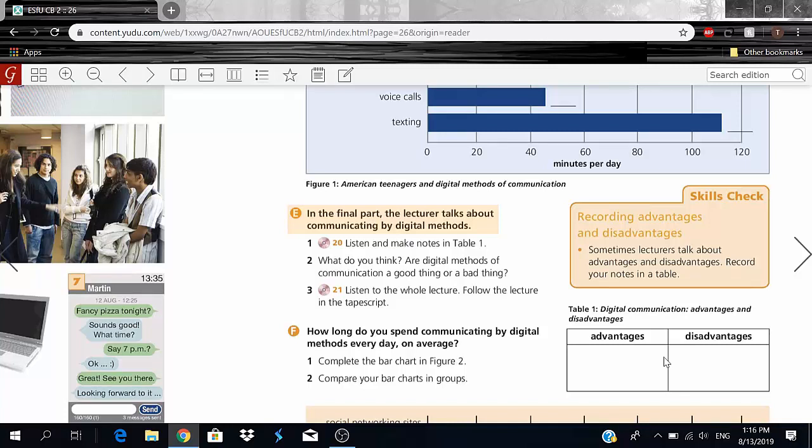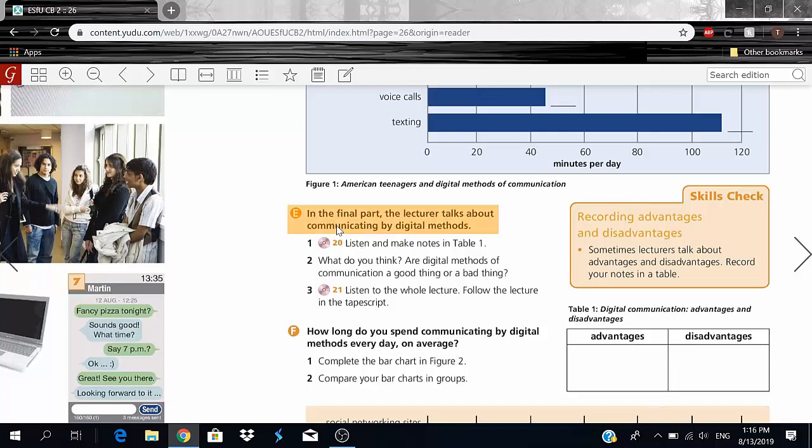Some lecturers like to state all of the advantages at once and then the disadvantages, while other lecturers like to state one advantage and one disadvantage, one advantage again and one disadvantage again. So it's up to the lecturer. Just make sure you write them down. These will help tremendously in terms of studying and notes.